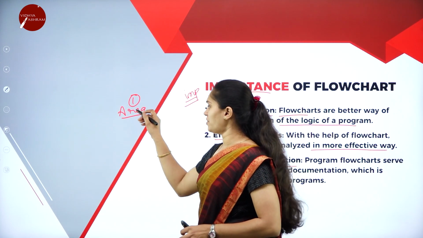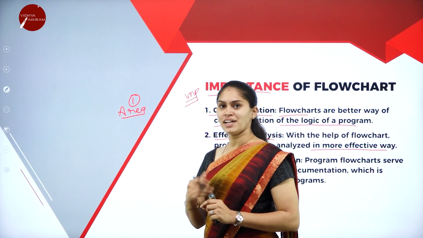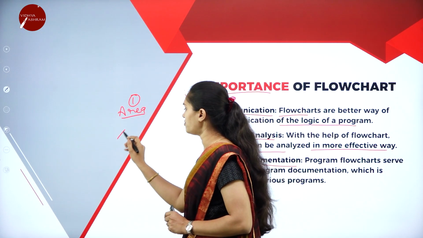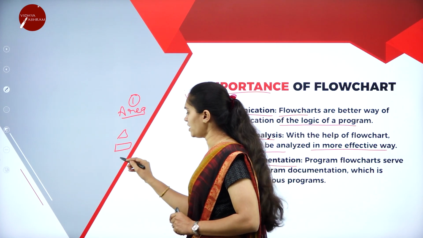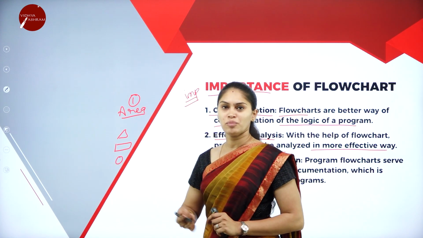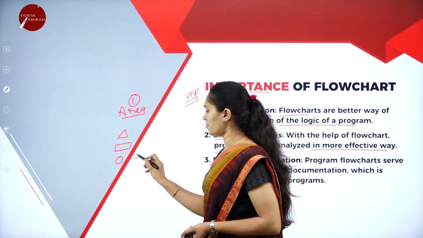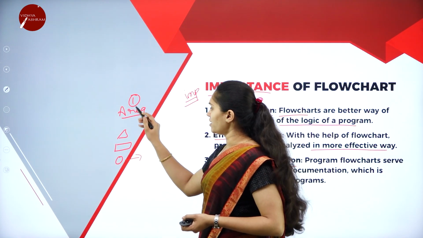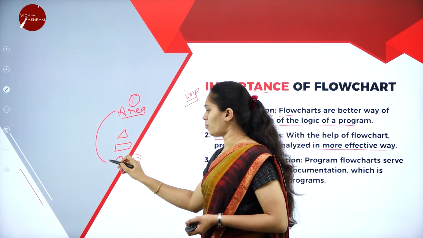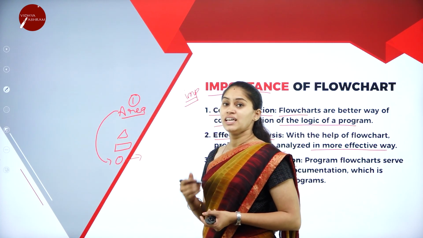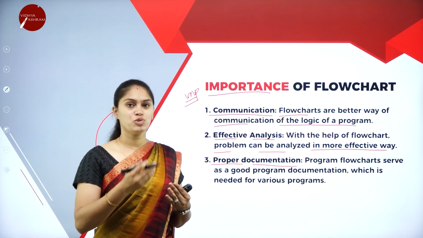Here I have written the area of a circle as one flowchart, but I want to have one more, the area of a triangle and the area of a rectangle, along with the area of a circle. At that time, what am I going to do? I am not going to create one more flowchart for the area of a circle. Instead, whatever flowchart I have drawn earlier will be copied here. So if it is documented properly, then we can use that for future use.